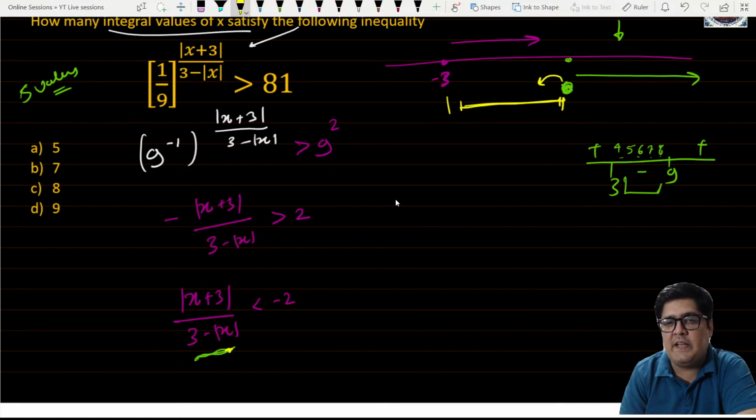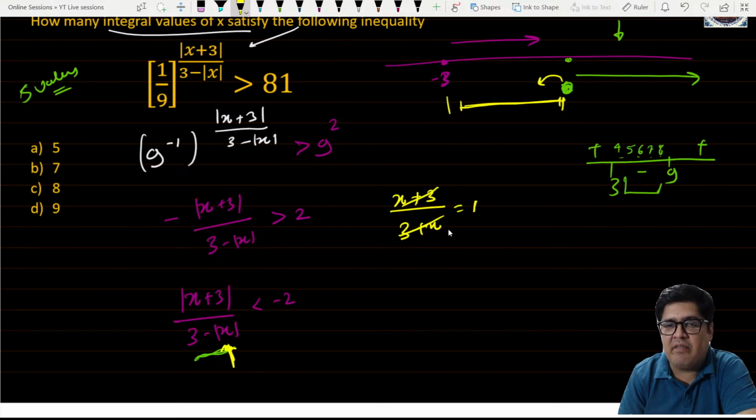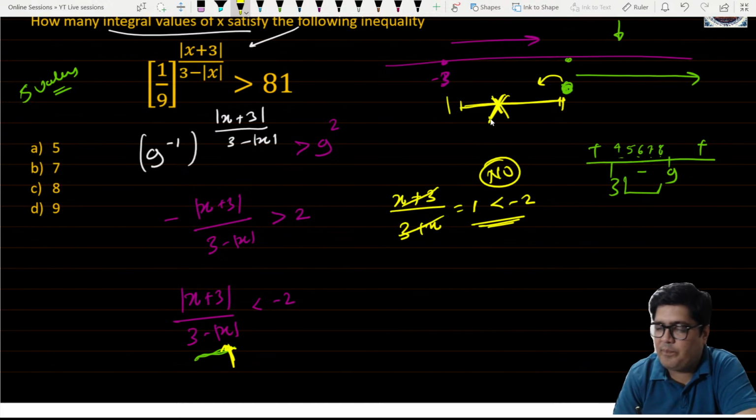The numerator remains positive. And when this becomes negative, it becomes 3 plus x, which is equal to 1. Can 1 be less than minus 2? Can it be below minus 2? No. So there is no value of x here. There cannot be any value of x here.